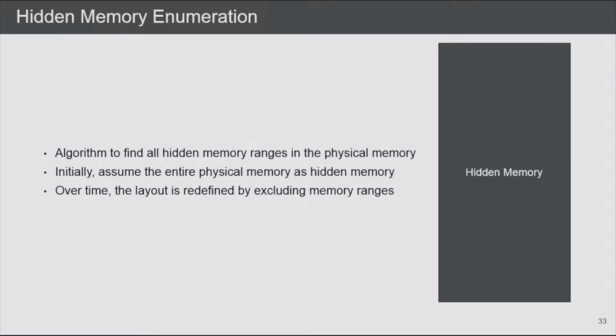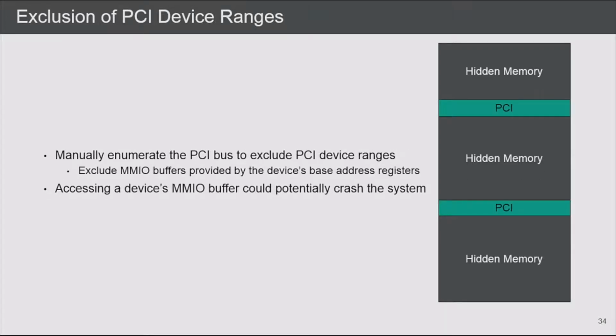As for the hidden memory enumeration itself, we simply assume the entire physical memory as one continuous hidden memory region, and over time, we just redefine this layout by excluding certain memory ranges. And what remains at the end is our hidden memory.